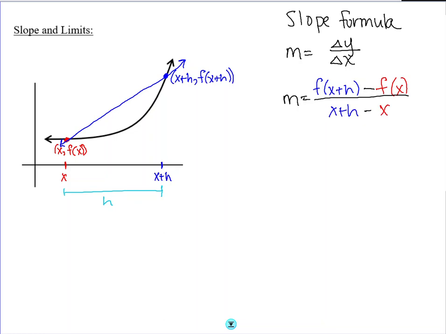And I'm just using the coordinates of the red and the blue points on my graph. So if I go ahead and simplify this, I have f of x plus h minus f of x divided by h. And this is called the difference quotient.